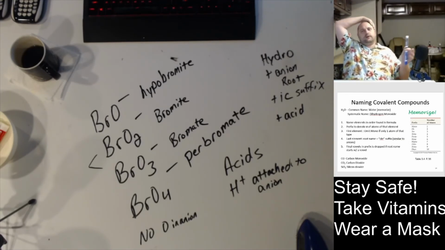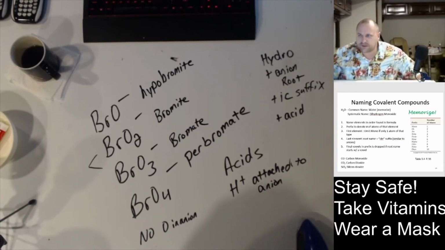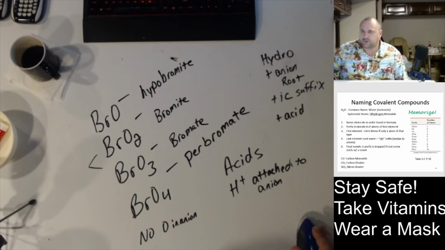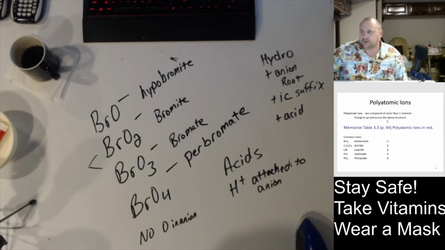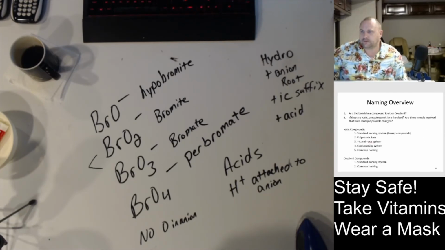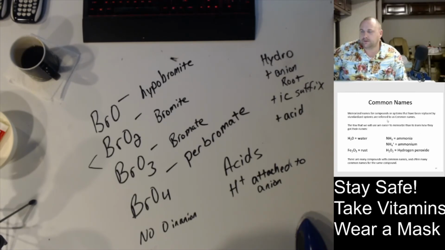Memorizing these is not too bad as long as you've got these polyatomic ions together. So when you're looking through your list of polyatomic ions, let me find our list of polyatomic ions.